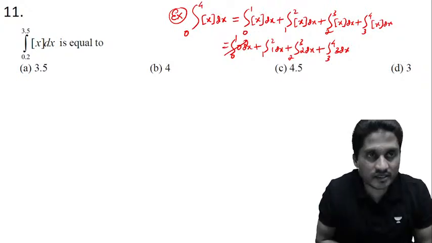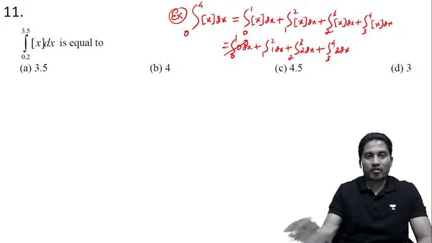Same logic. Between 0.2 and 3.5, I'll write all the integers.